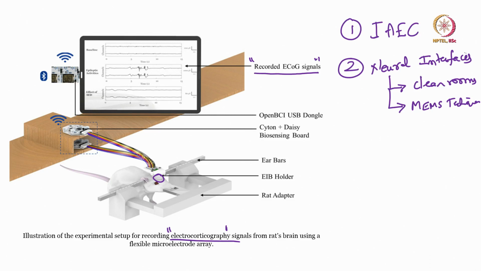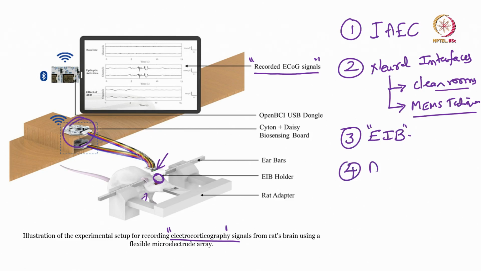So, first you have neural interfaces, for this you have clean room and MEMS fabrication techniques and all those things. So, once you are done with the rat and the neural interfaces, then the third and most important component is the electrode interface board and how to fix it. Then there is something called an acquisition system.